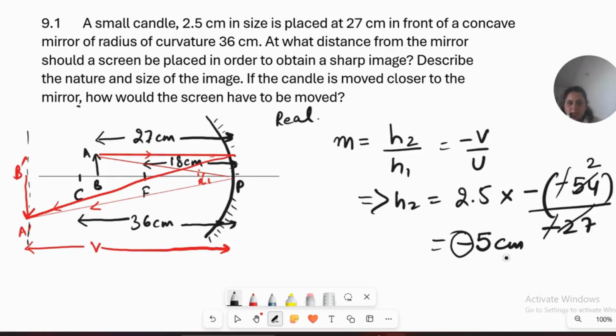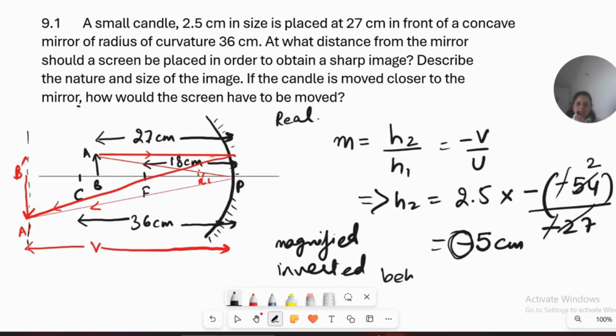So our image formed will be real, magnified, the height of the image is more than that of the object, and inverted. The sign is indicating that it is below the principal axis, so it is inverted. And it is behind C. So this is the answer for the second question.